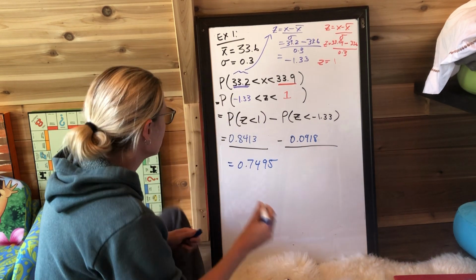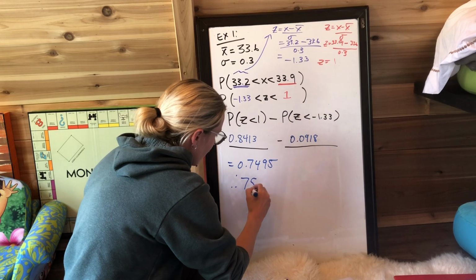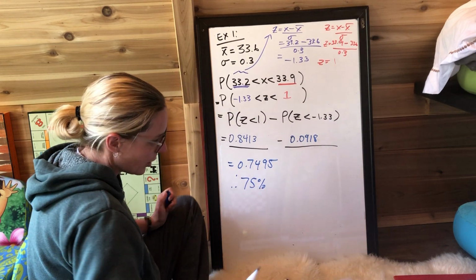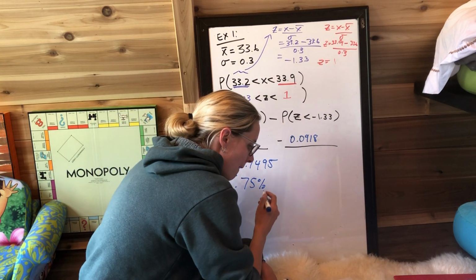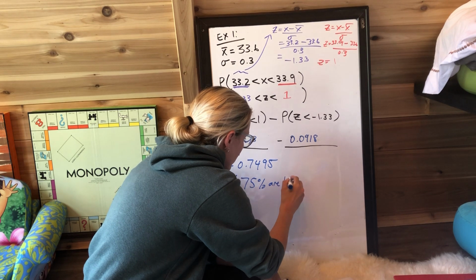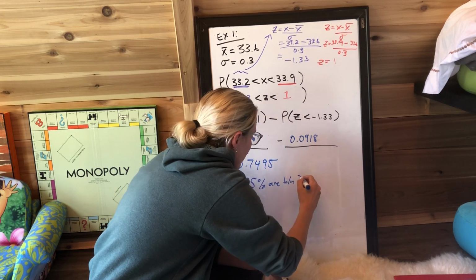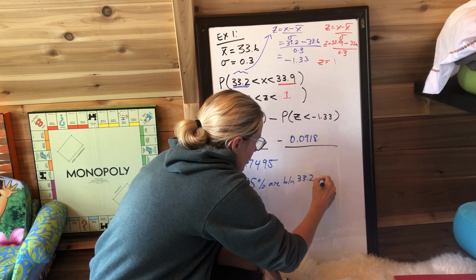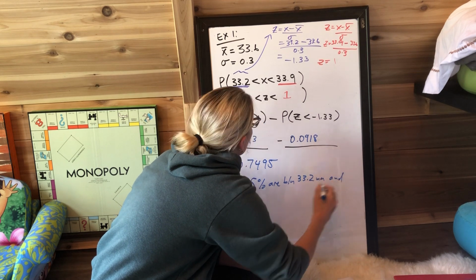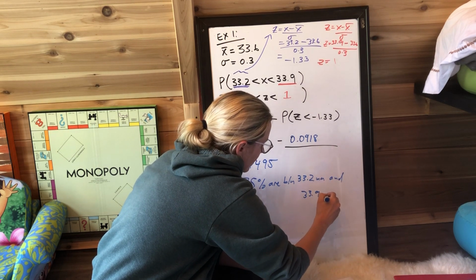Okay, so that's sort of what you're saying. 75%, if you round up, 74.95 are between the original, go back to your X values, 33.2 millimeters and 33.9 millimeters.